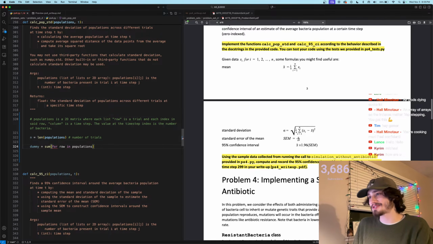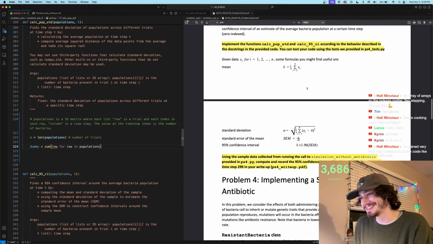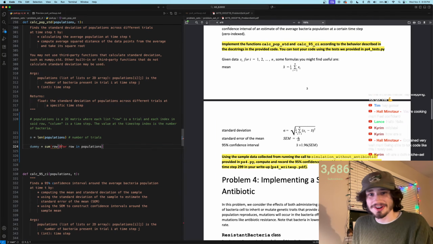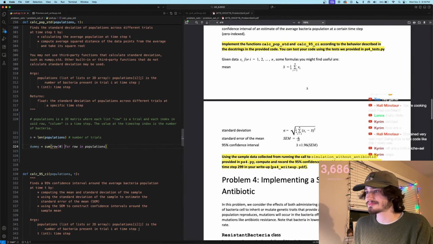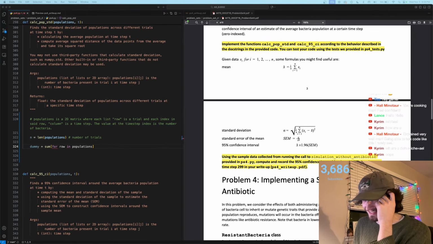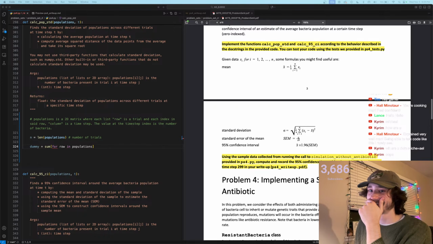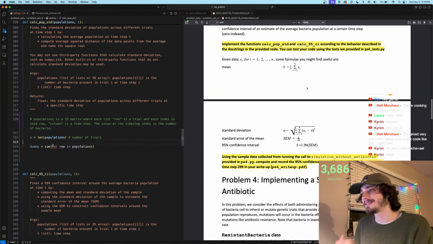I've been writing in C too much. Dude, am I really about to have to look up a list comprehension example? How long have I been doing this? Yeah, row index t for row in populations.